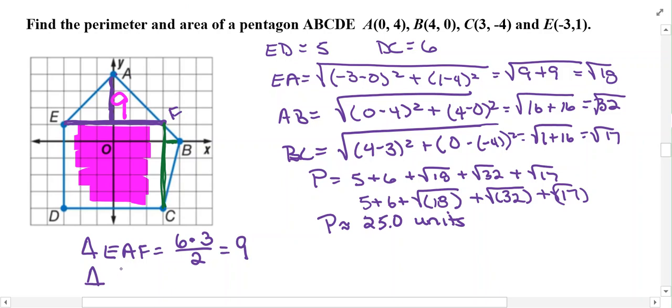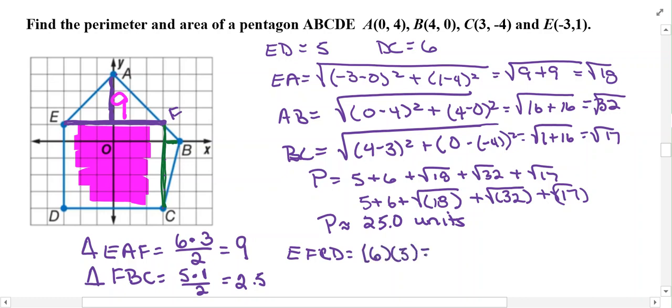For triangle FBC, the base is 1, 2, 3, 4, 5 times the height, which is 1, divided by 2. So this is 2.5. And then for the quadrilateral EFCD, I have 6 times 5, which is 30.